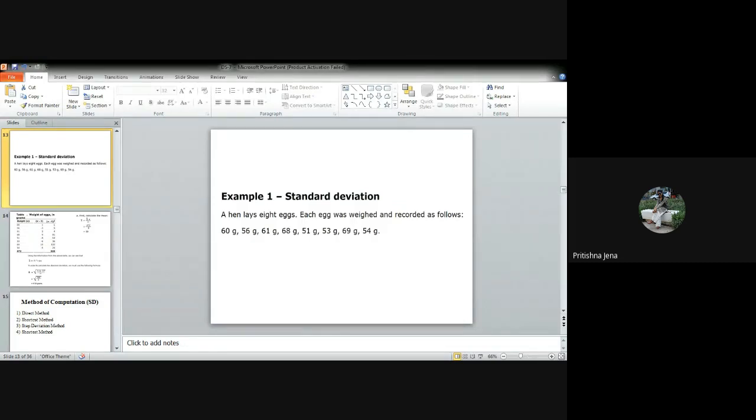You don't need to tell this, just drop it in the chat box. Sangram Kesari Sahu, what is your answer for mean? Sir, what is the value of mean here? Are you there? Fine.